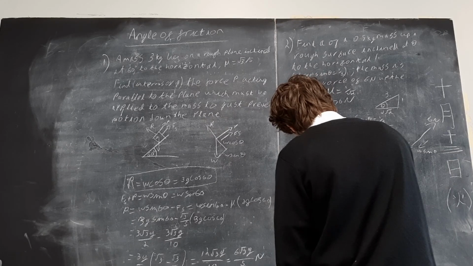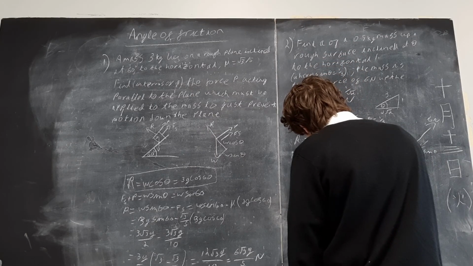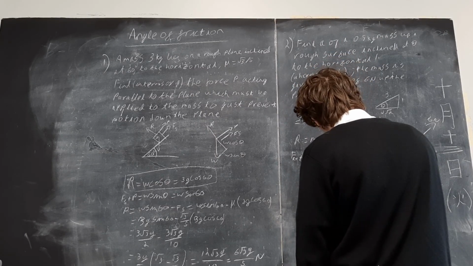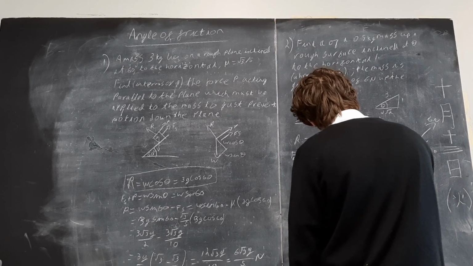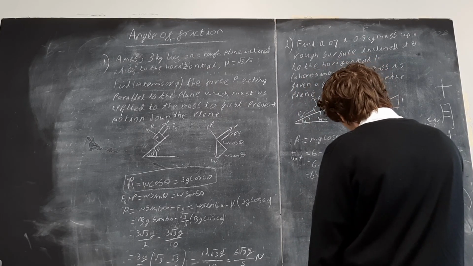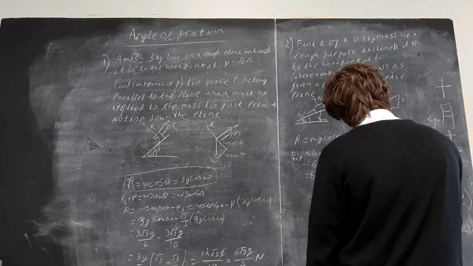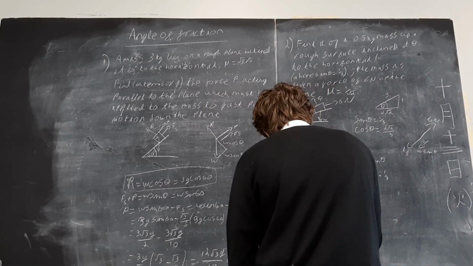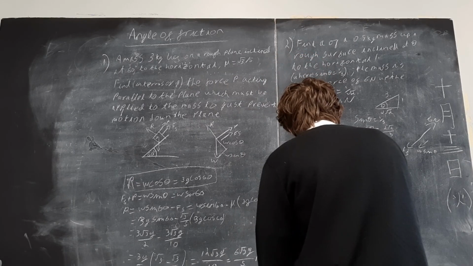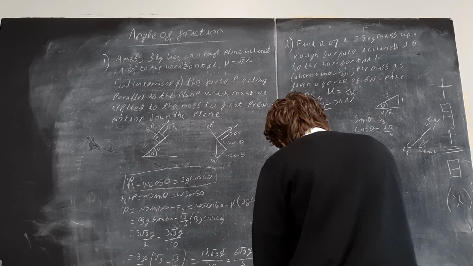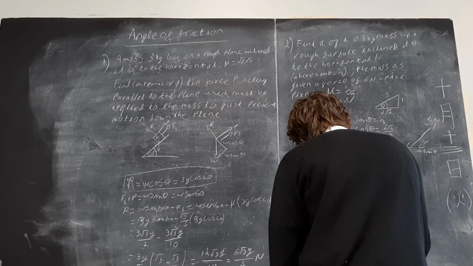So, a half g times 2 root 2 over 3, take half g times a third, which gives us g over 6, take g over 3, take g over 6.